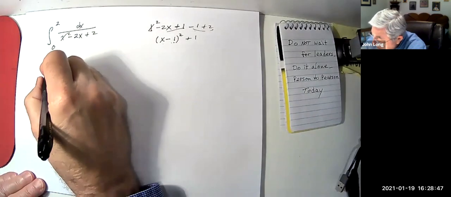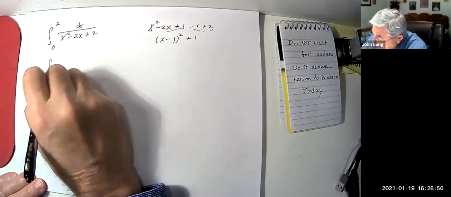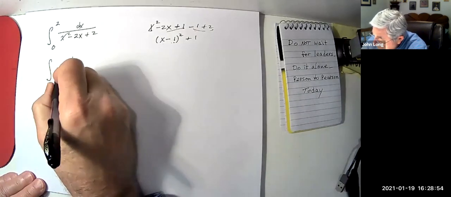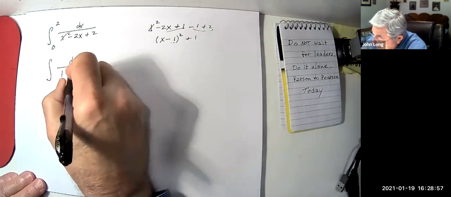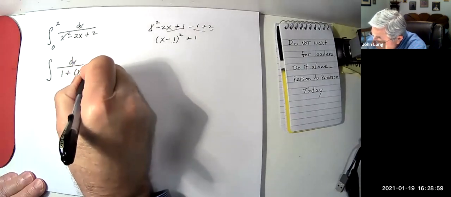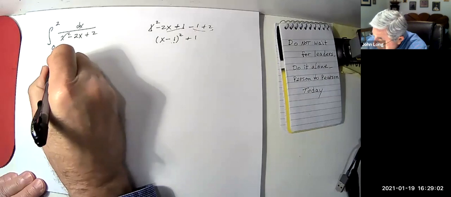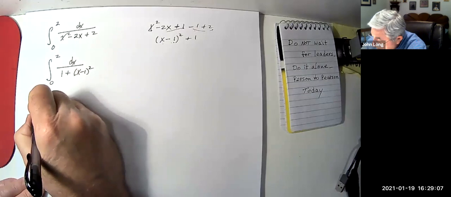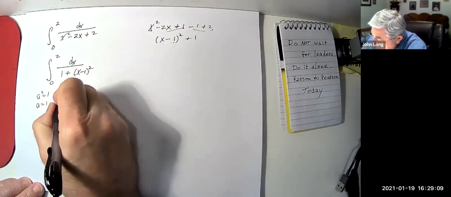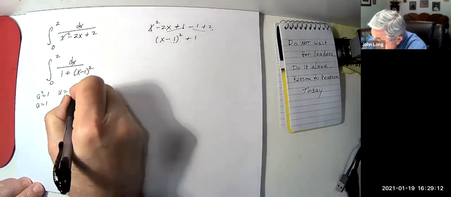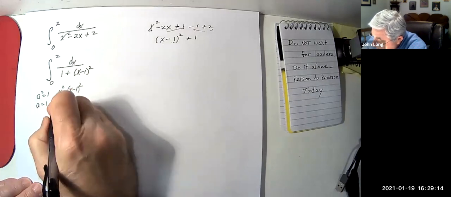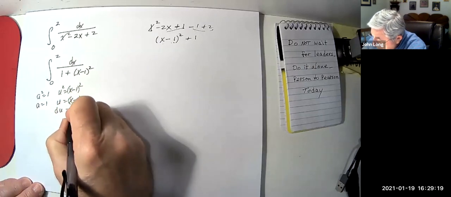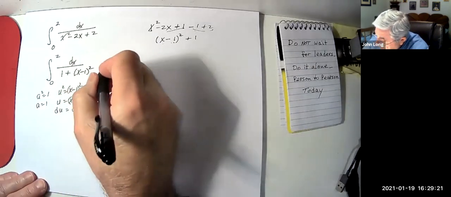And so what does this now look like? It looks like dx over 1 plus x minus 1 squared. And so you see, a squared is 1, a is 1, u is x minus 1, well, u squared is x minus 1 squared, u is x minus 1, du is dx, so it fits the form perfectly.